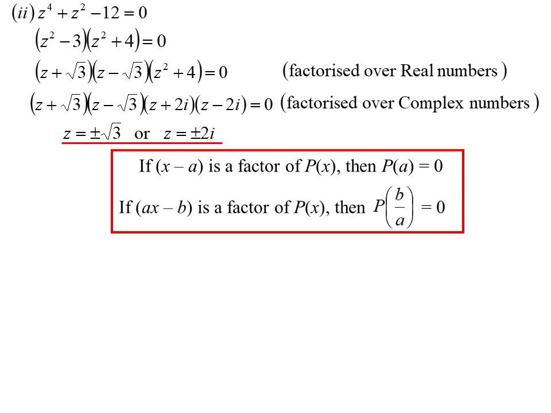Now, if the coefficient of x in this linear factor is not 1, so ax plus b, still the same idea, but now we substitute fractions, b over a, so the constant divided by the coefficient of x. In fact, that's what we're doing with the other one as well. It's just that the coefficient of x is 1, so a over 1 is a. But that's the idea. It's the constant number divided by the coefficient of x.